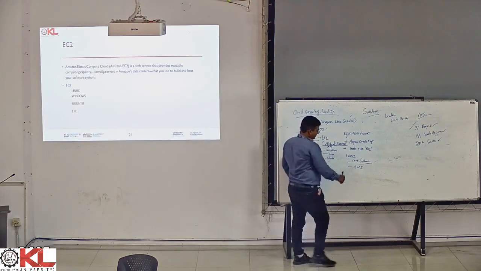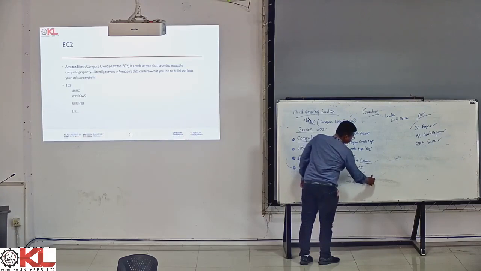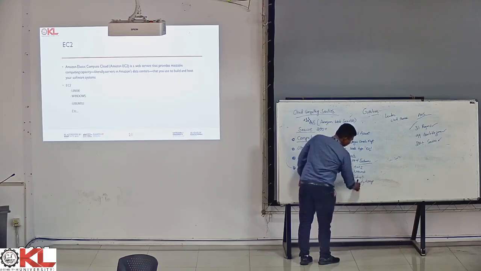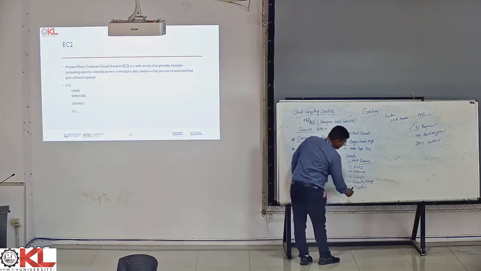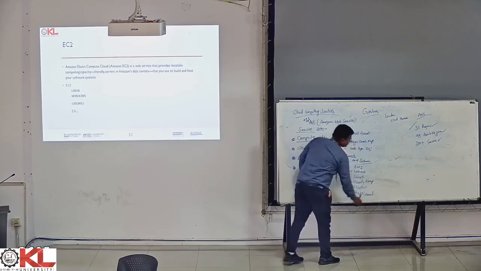You select it, choose network, choose subnetwork, choose security group, choose key pair, and then view instance, launch and view. This is what you have to do.